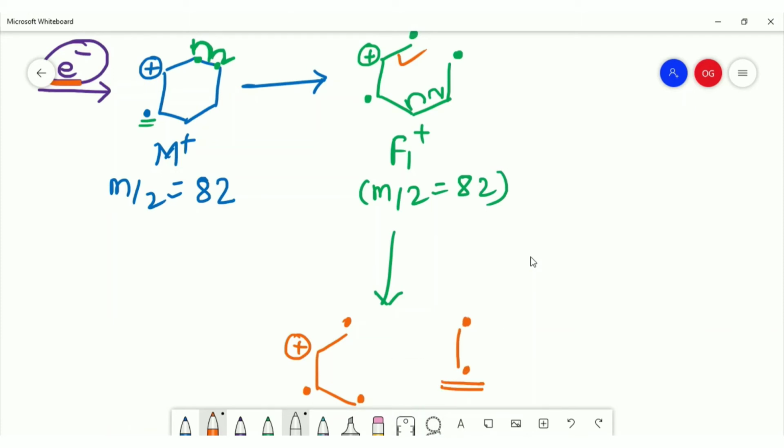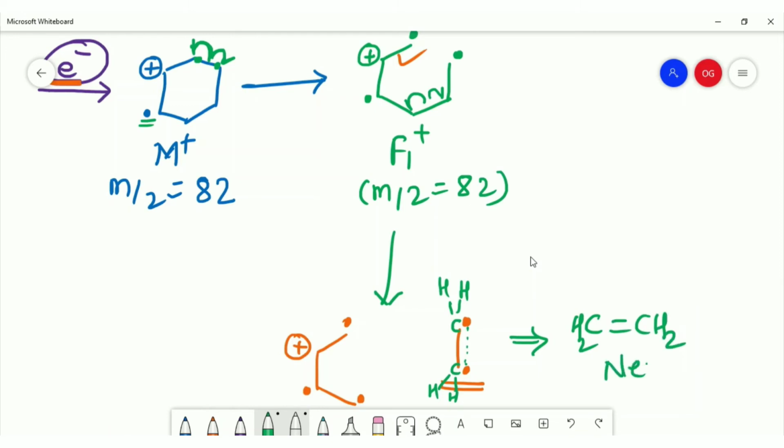So this is the neutral molecule. Why? If I put these carbons over here and the hydrogens which were there, two hydrogens were there here, I can make this bond here because each carbon has the electron. So this I can also rewrite as CH2=CH2. So this is the neutral molecule which is formed in this case.